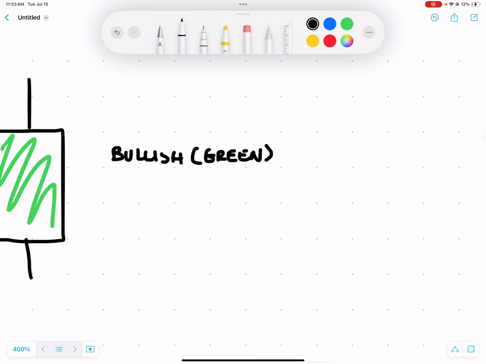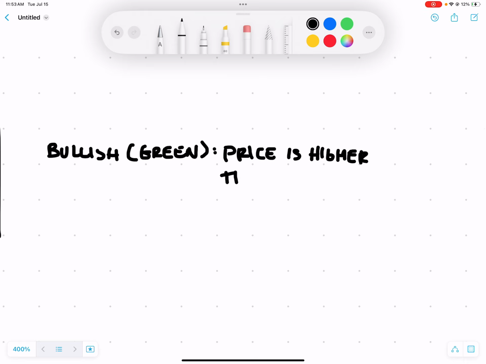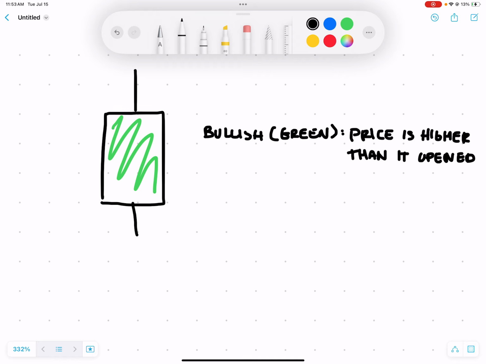It essentially means that the price is higher than it opened. This is what it means when it is bullish.